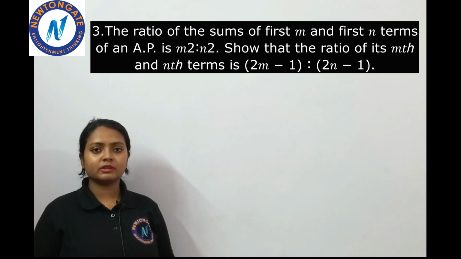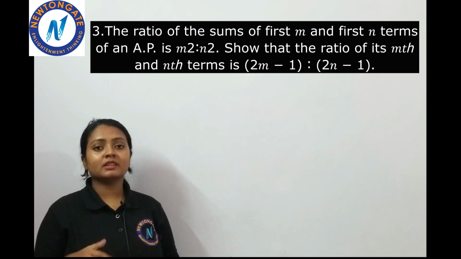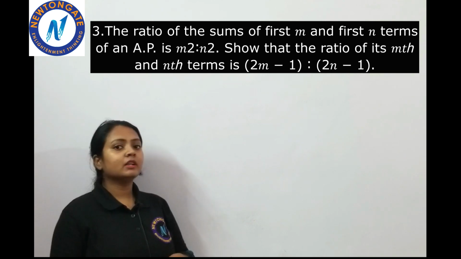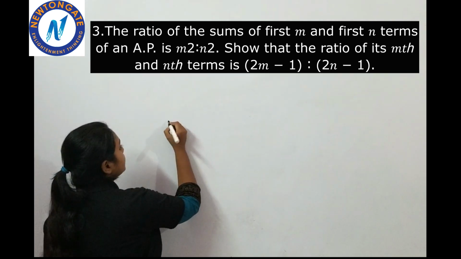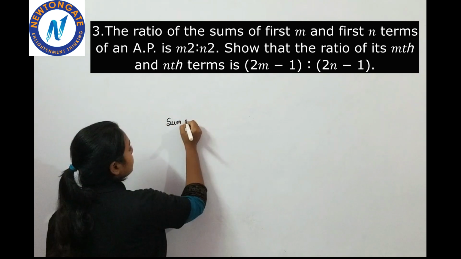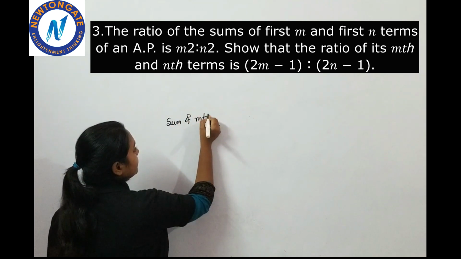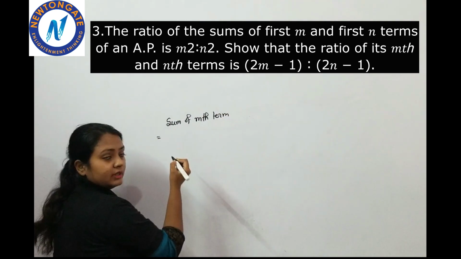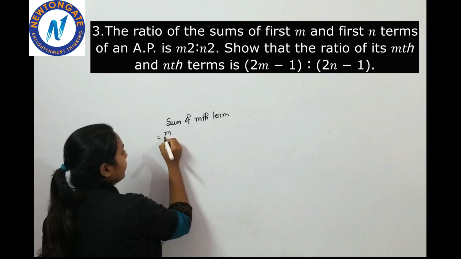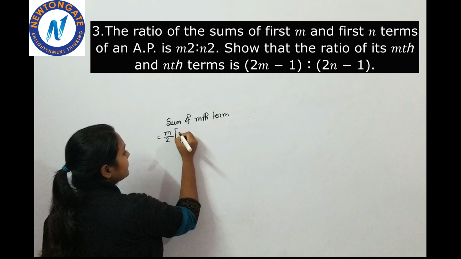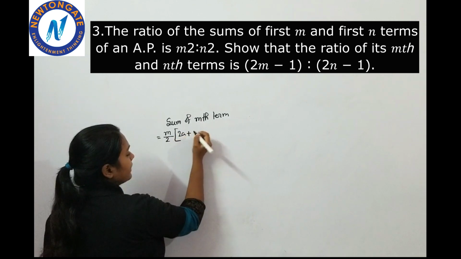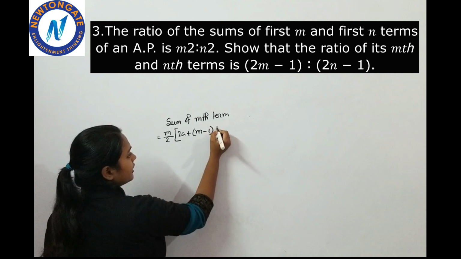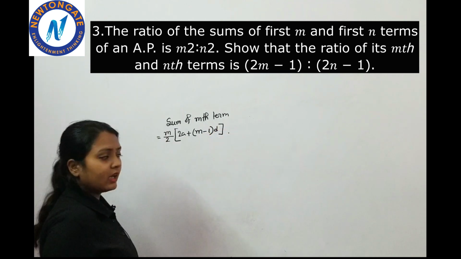Now which formula is there? The sum of the terms. The sum of the mth term. Now what is the sum of mth term? The sum of mth term is equals to m by 2 into 2a plus m minus 1 into d, right?